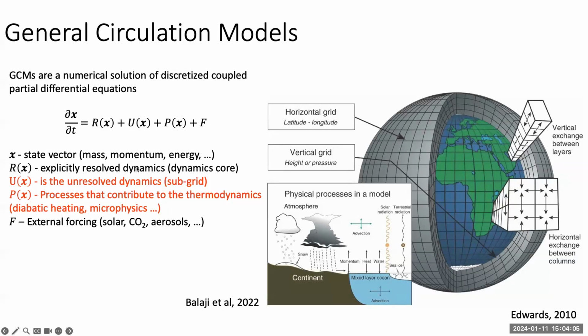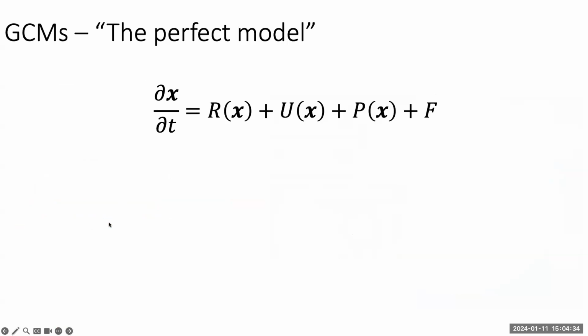The resolved dynamics are the dynamical core, but of course the physics will affect the resolved dynamics. And what we want to explore are the external forcings, which are anthropogenic forcings, solar forcing, historical forcings, and the question we want to ask is how the climate responds to this type of forcing.